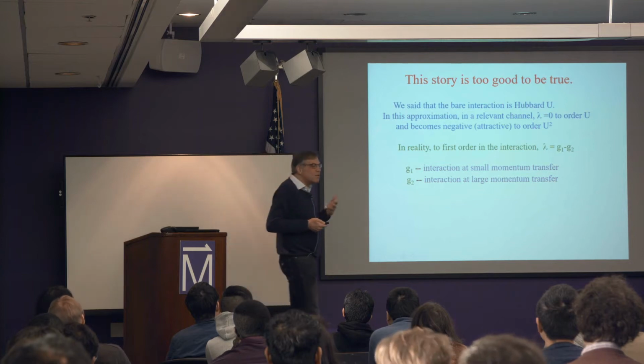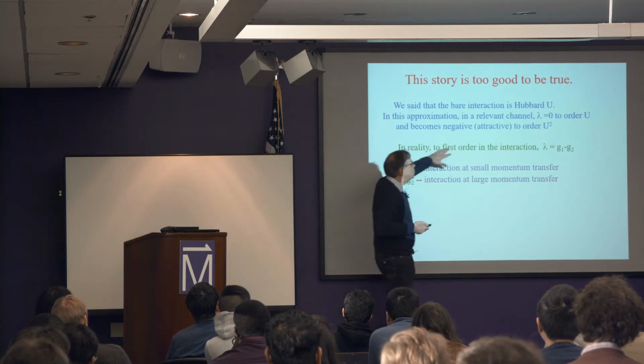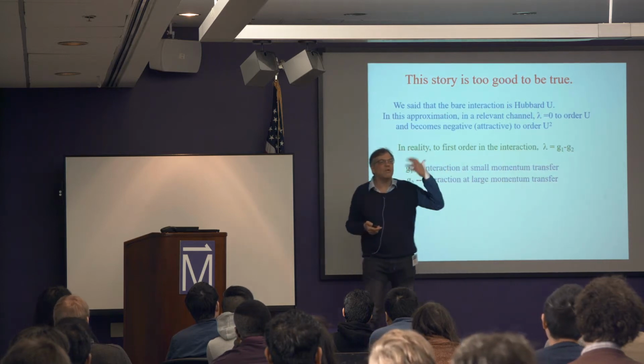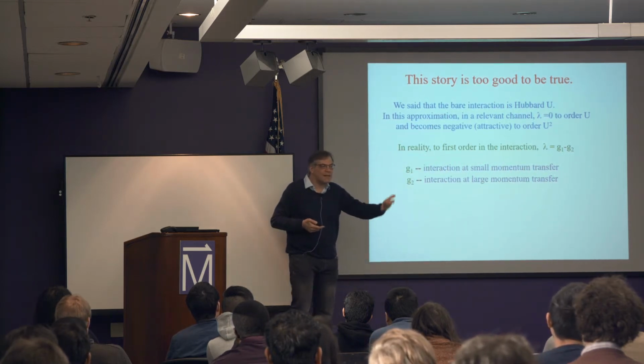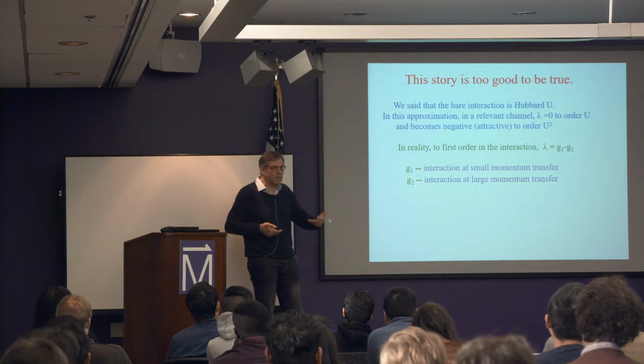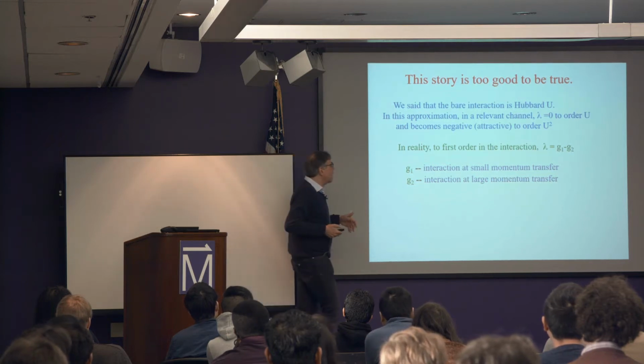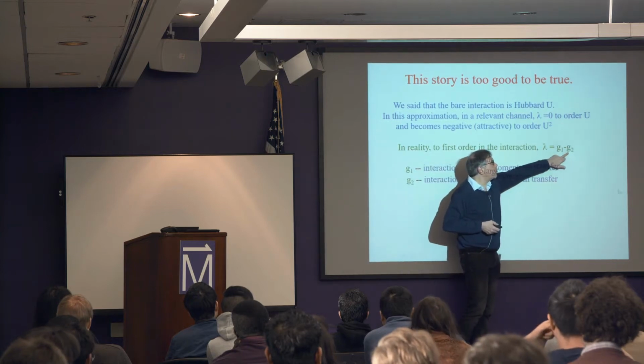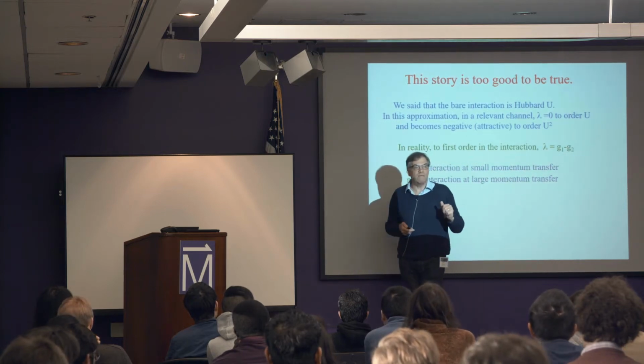So generally, you start not with the situation when these two are equal. If they are equal, then you can go to second order, and on top of 0, you can get a negative result, which would be great because it would tell you that there is attraction. But in reality, you start with the case when this one is larger than this one. So this lambda is positive.